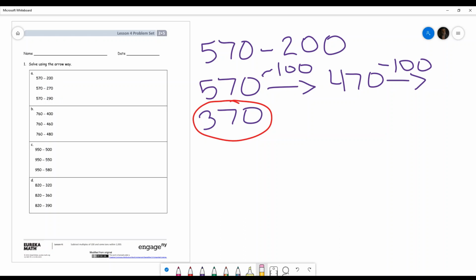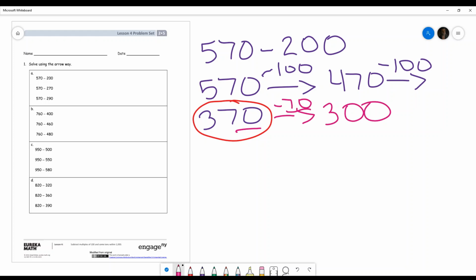So instead of rewriting the whole entire problem, I'm just going to take away the extra 70 from 270. So take the answer from the first part of A, and we're just subtracting 70, and the difference is 300. Because 70 minus 70 is 0. So we're left with 300.